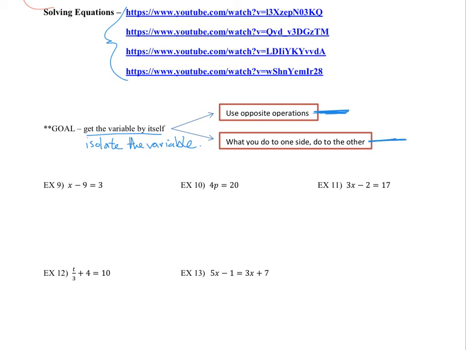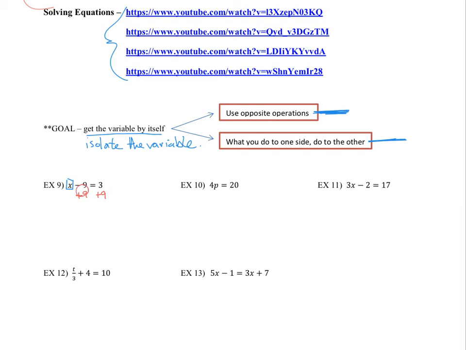So here, I have an x on the left side of this equation, for example 9, and a 9 is being subtracted from this. If I wanted to isolate this x, I would have to use the opposite operation to get rid of that 9. And I have to do it to both sides. So what happens here is negative 9 plus 9, anytime you add or subtract in an opposite fashion, that'll always end up being 0.